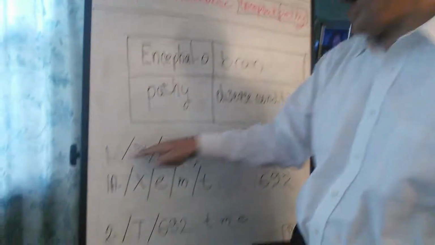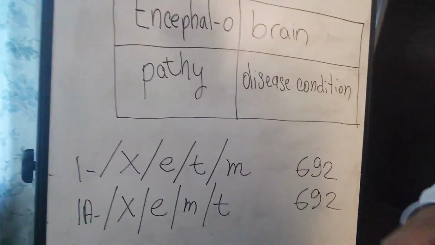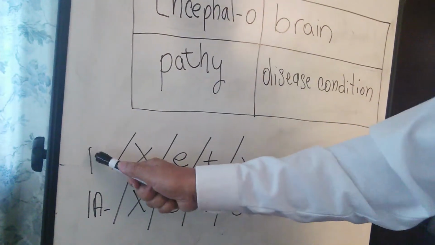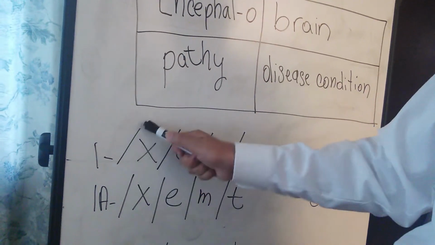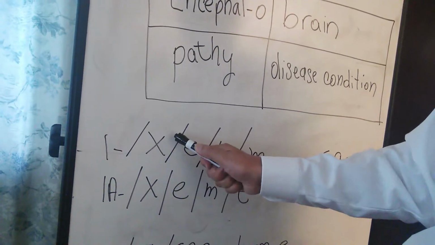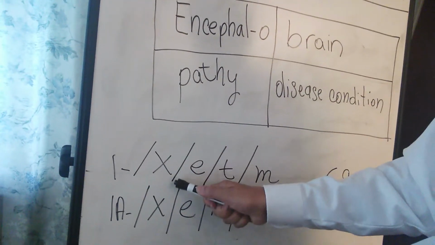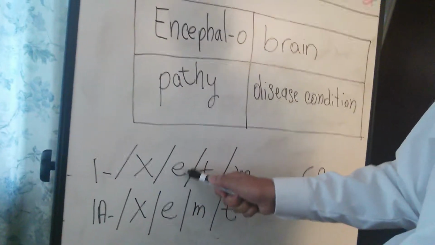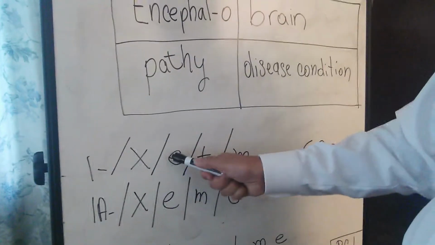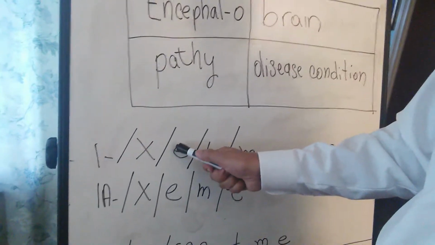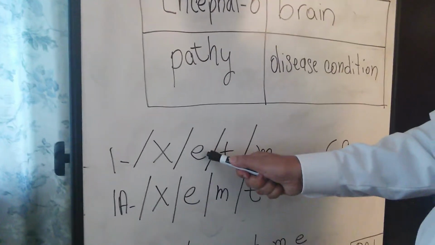And this is the path. You have to learn how to follow this, but it's very simple. The first part means go to the index, right? And once you're in the index, you go to encephalopathy. We don't write the whole word, we just go to the E just to make it short, but you have to go to encephalopathy.